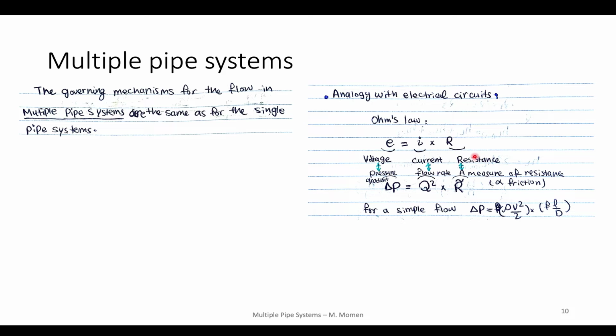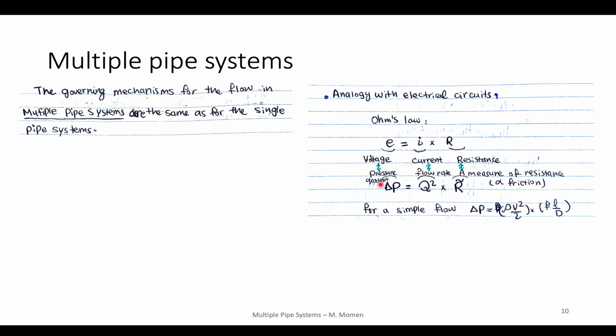Okay. We have a similar equation in fluid mechanics, where we relate pressure gradient with flow rate and a measure of resistance in the system, which is friction.